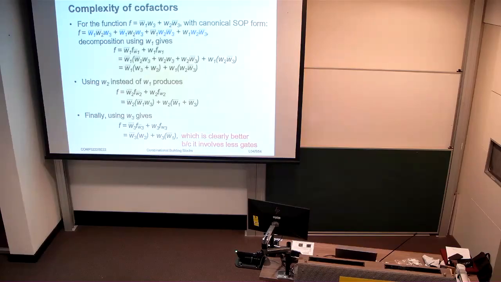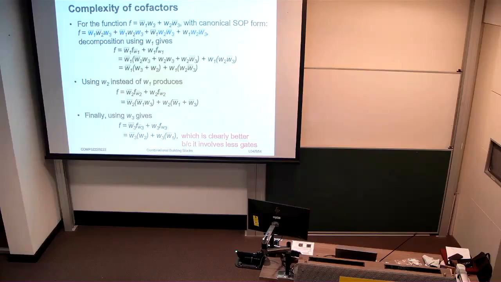And clearly we can eliminate W1 from those 2 and only be left with W2, which is what we've got here. Similarly, for the cofactor with respect to W3, it's only the first 2 terms that include W3. We have not W1, not W2, or not W1, W2 as the cofactor, whereby we can eliminate W2 and be left with just W1 bar.